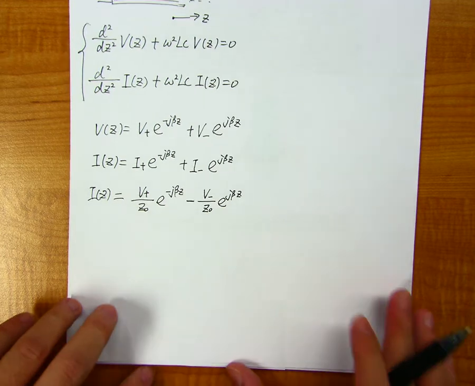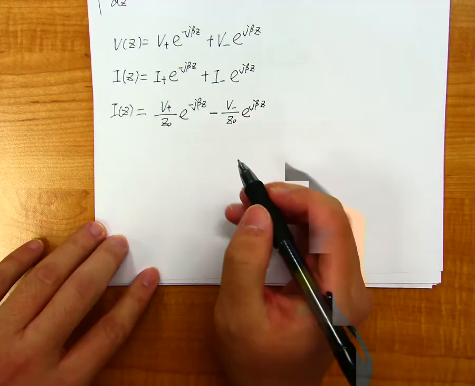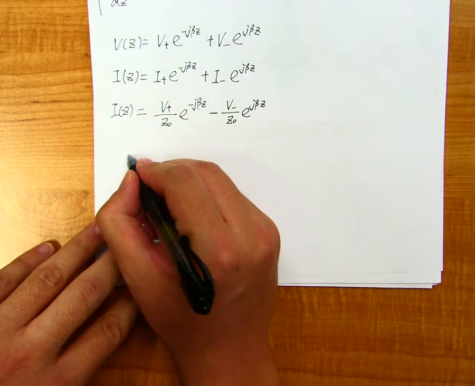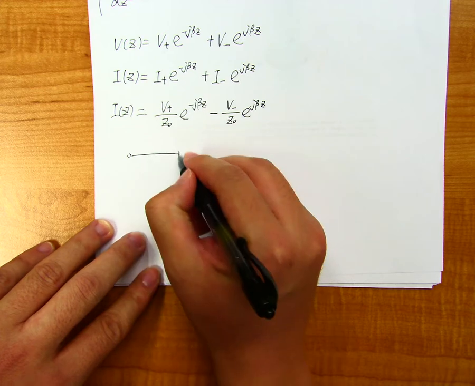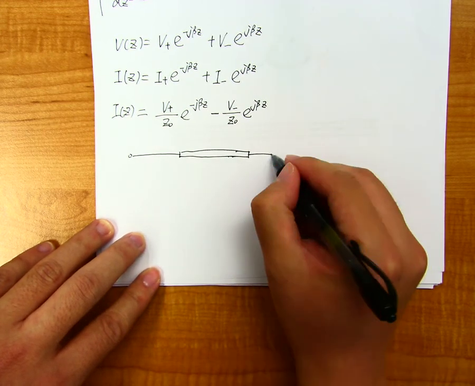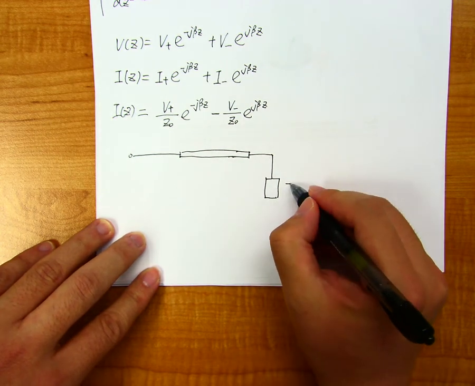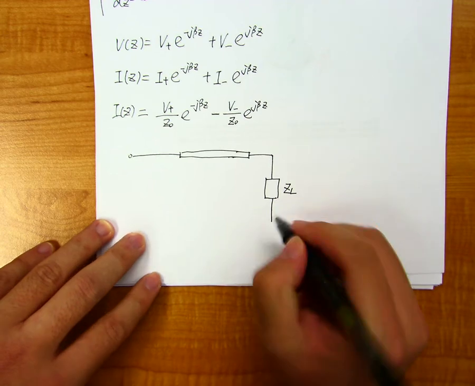Okay, and what happens when we terminate this transmission line? Let's say we have a transmission line that looks like this. We have a load impedance ZL here.